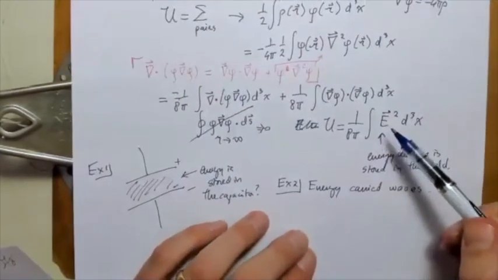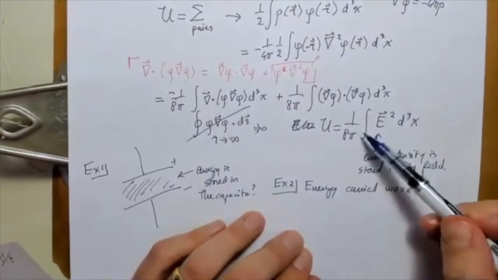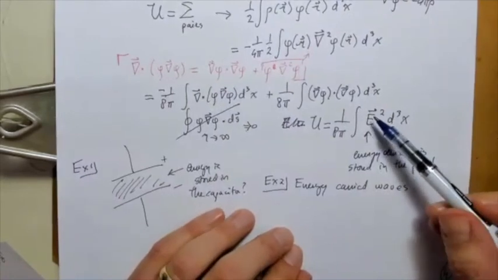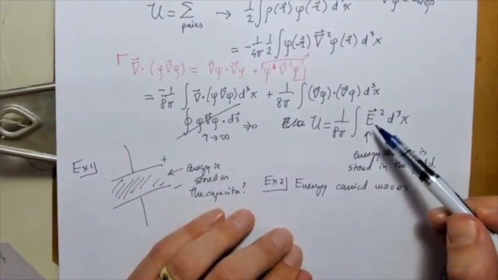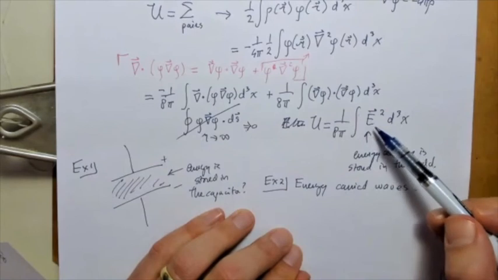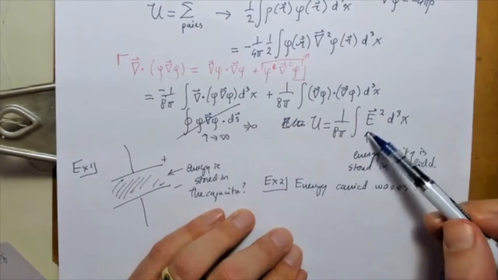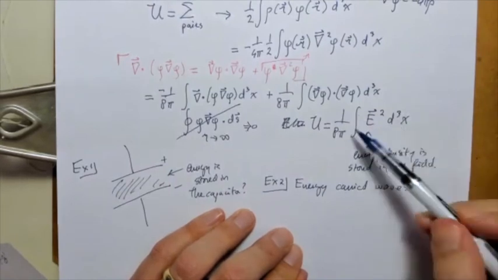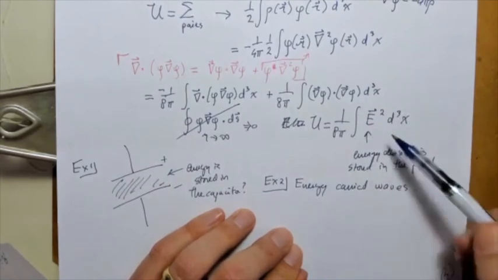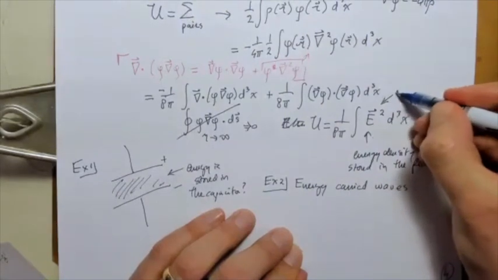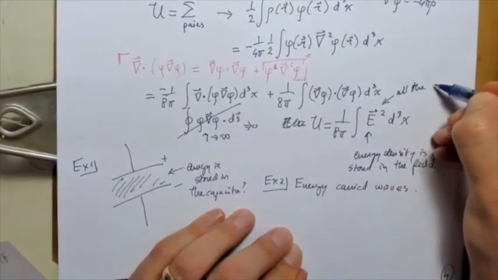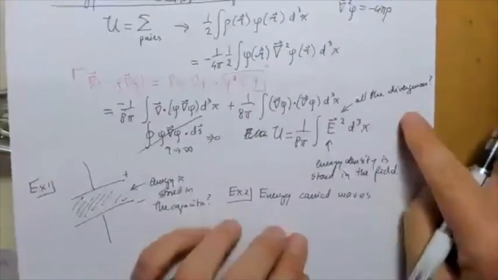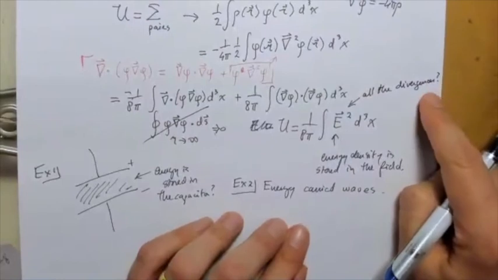Now, you have to be really careful with this thing, because, and I mentioned this in the beginning, if this electric field is due to a bunch of point charges that are all located within that volume that you're integrating over, you have to know what you are going to do with all the divergences. And usually we will sidestep that.